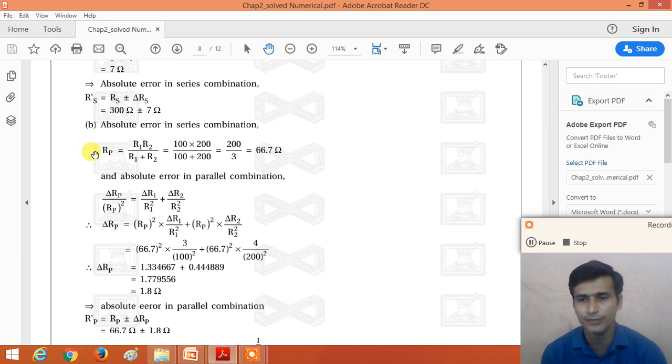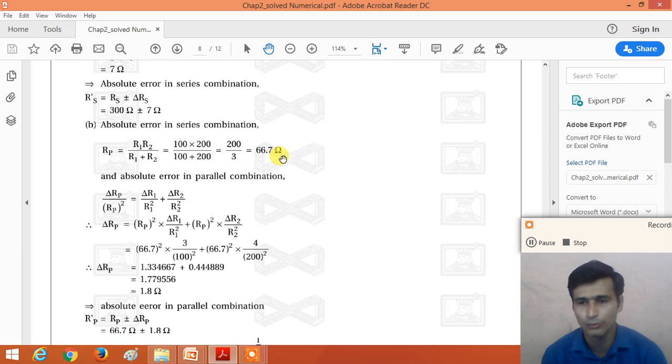First we find the true value of the equivalent resistance in the parallel combination. So the equivalent resistance in a parallel combination Rp is equal to R1 R2 divided by R1 plus R2, right? So the value of R1 is 100 multiplied by the value of R2, 200, divided by 100 plus 200. We get the equivalent resistance 66.7 ohm, right?